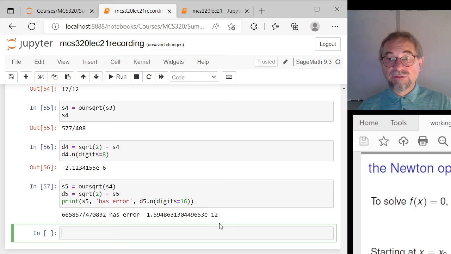So if you ever wondered why one can compute so fast the rational approximations of irrational numbers, well, we have a method here, the Newton's method, which only needs to be called a couple of times because of this exponential growth in the accuracy of the Newton's method, the quadratic convergence.